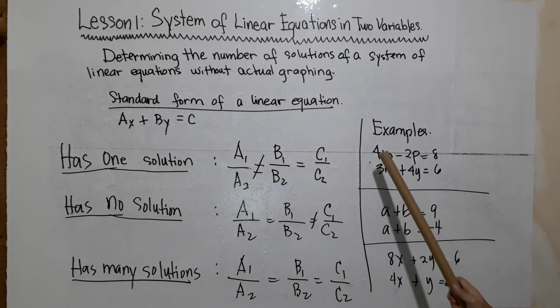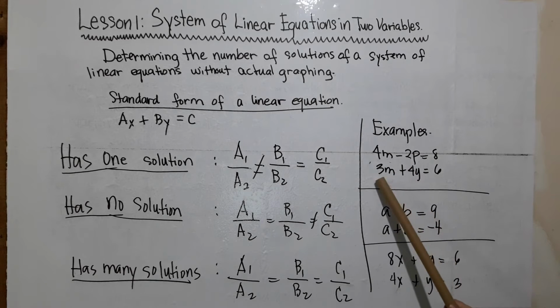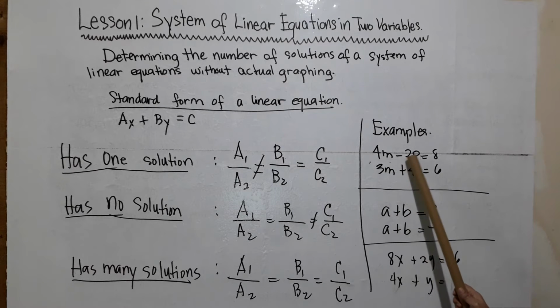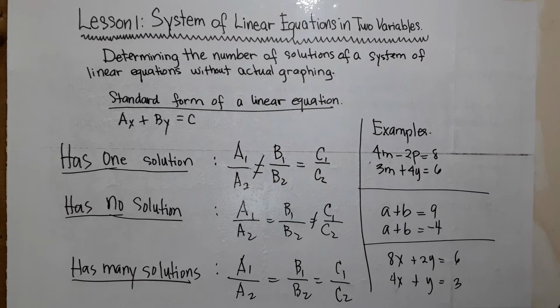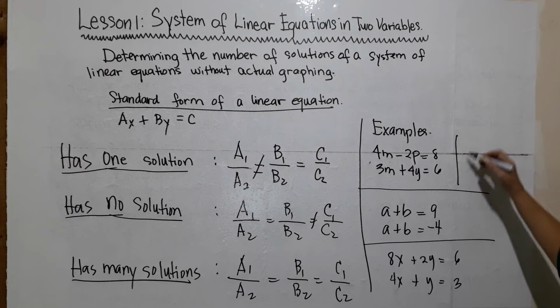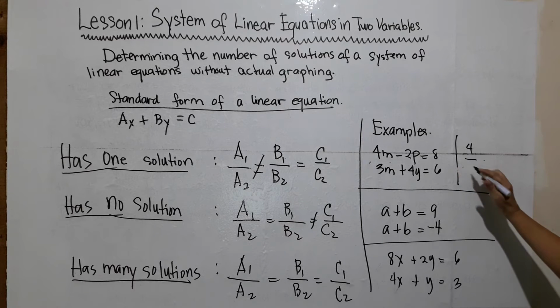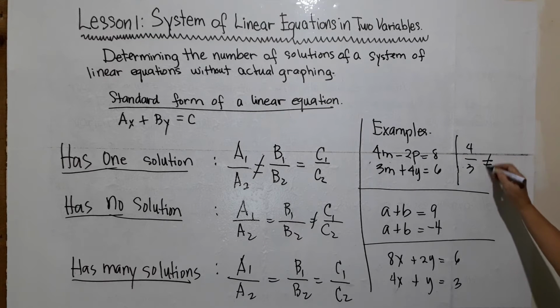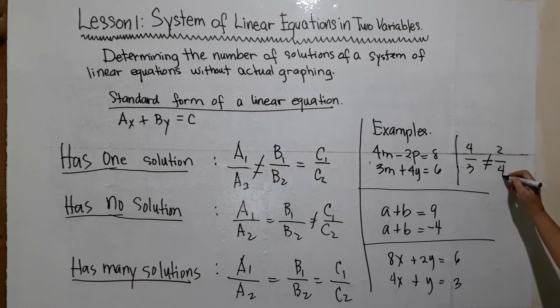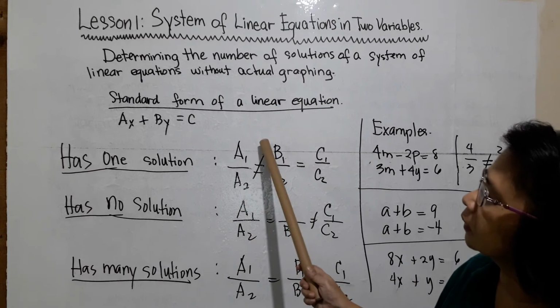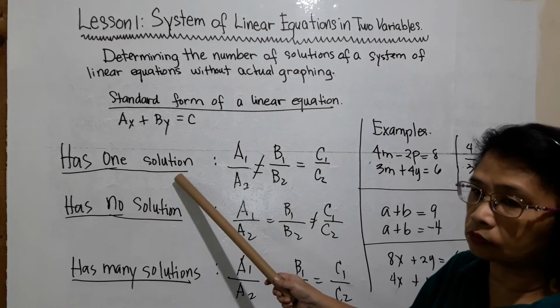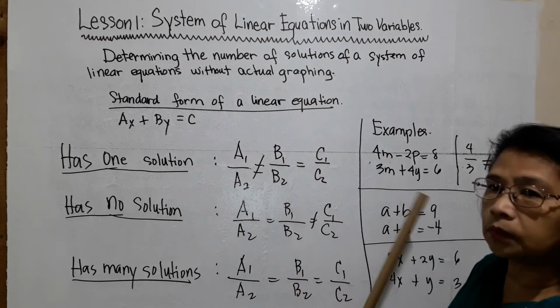Example: 4m and 3m, 2p and 4m. Look at the numerical coefficients: 4 over 3 is not equal to 2 over 4. If the case is like this, we expect that the system of linear equations has only one solution. Do you get me from here?